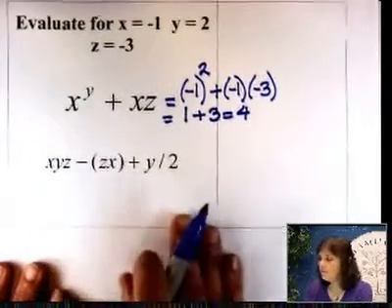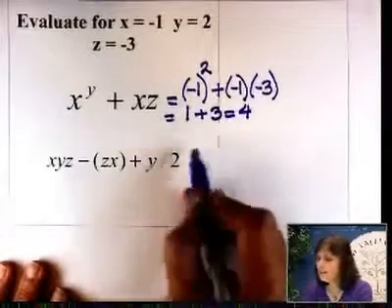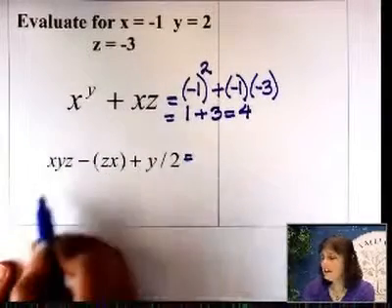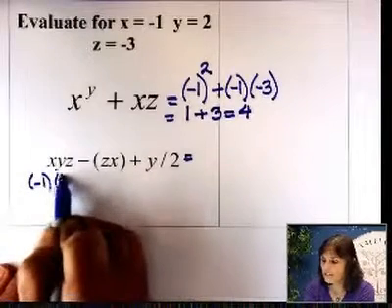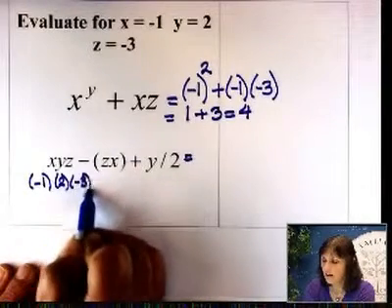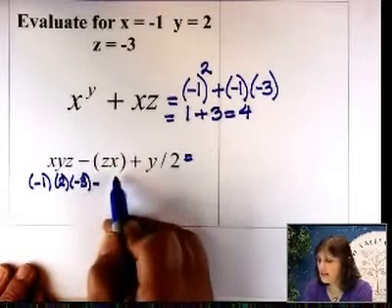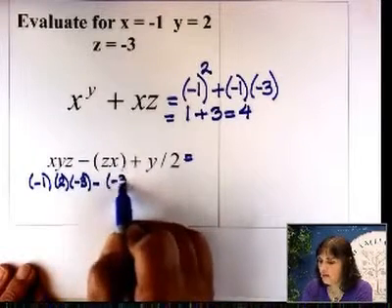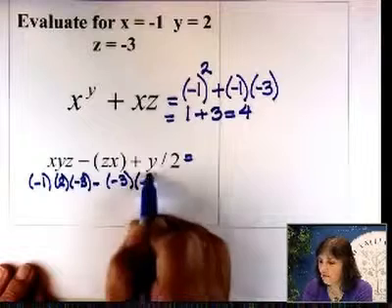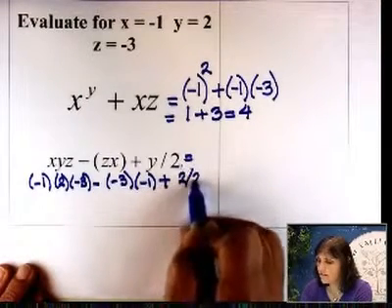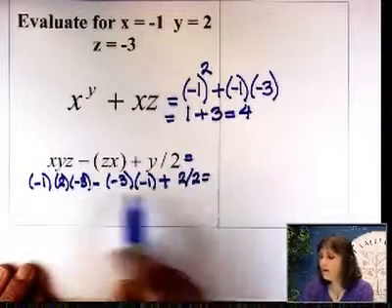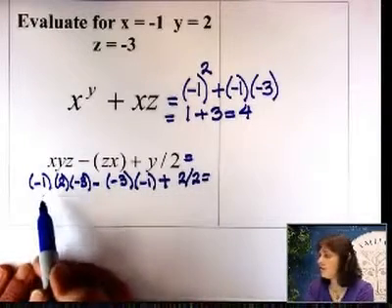Let's do this one. XYZ, what is that? X is -1, Y is 2, and Z is -3, minus ZX, that's -3, and X is -1, plus Y, which is 2, divided by 2. All right, I do the multiplication first.